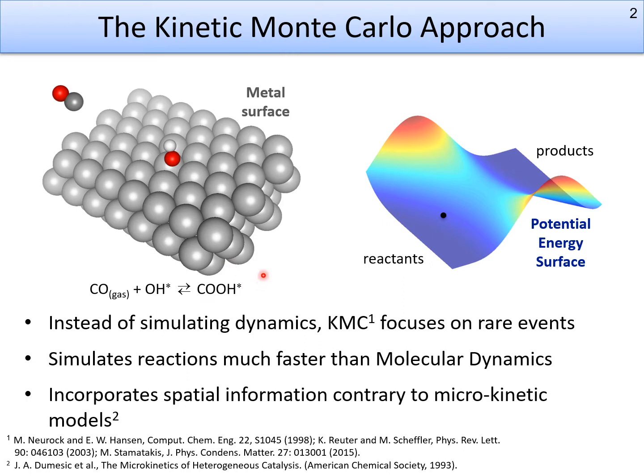So if we were to do a calculation of the energy of the system for several different configurations, so the configuration in this case is the position of the atoms in three-dimensional space, we would see something that looks like this. This is the well-known potential energy surface concept.